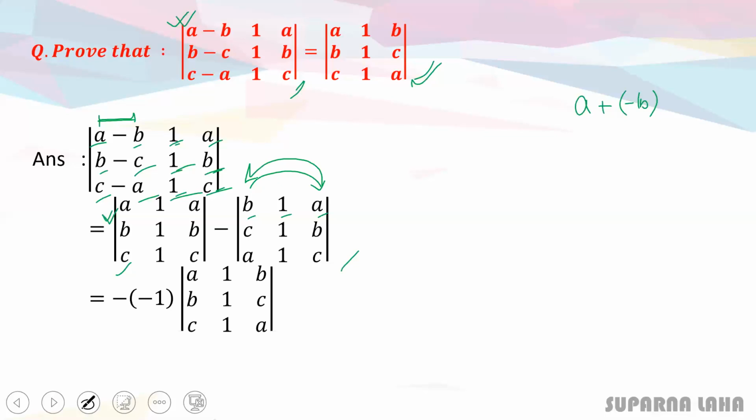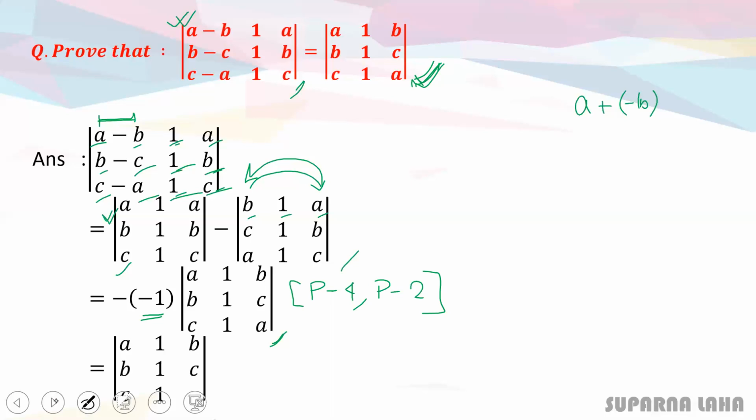That is, I am using property number 4 and property number 2. So if we interchange them, we can write minus 1 multiplied by this determinant value. Now look at that. Minus 1 times minus 1 is plus 1. And what is this value? This value is the RHS, 1A, 1B, B1C and C1A. Here is this determinant and this is the RHS value. So we proved it.